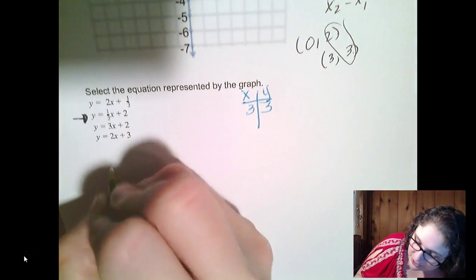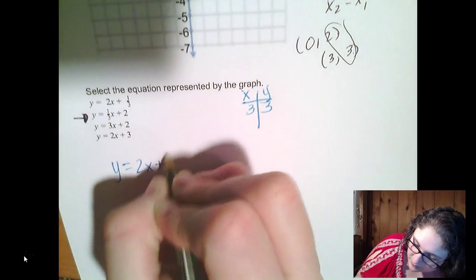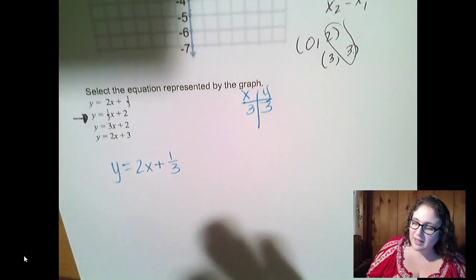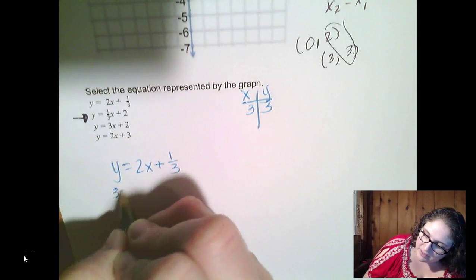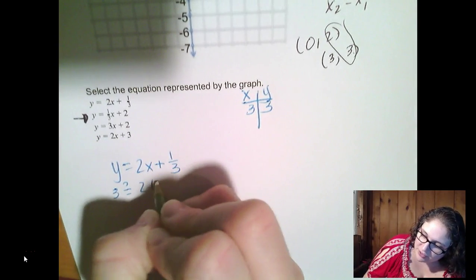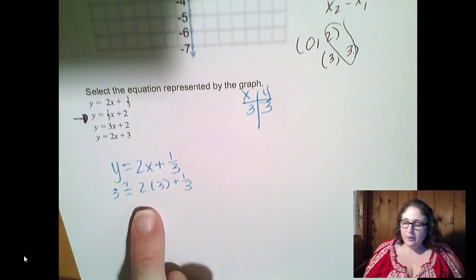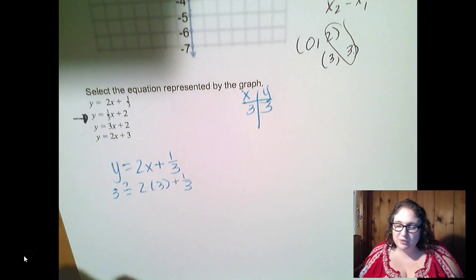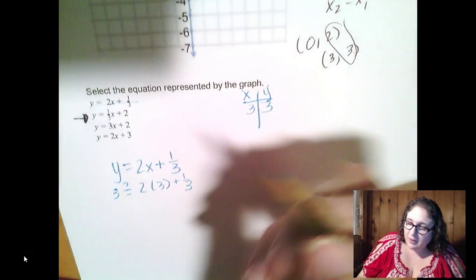So let's look at the first equation. Y equals 2x plus 1/3. We don't remember slope-intercept form, but we got the line. Let's just plug it in. Does 3 equal, question mark, 2 times 3 plus 1/3? Well, right away there's no subtraction, and I know 2 times 3 is 6, so I'm not even going to finish this problem because it's wrong.